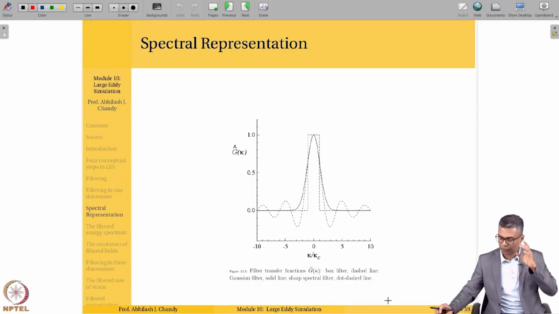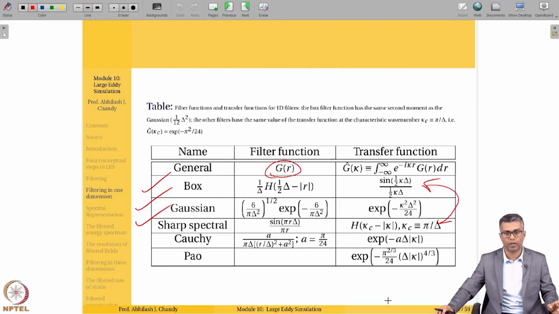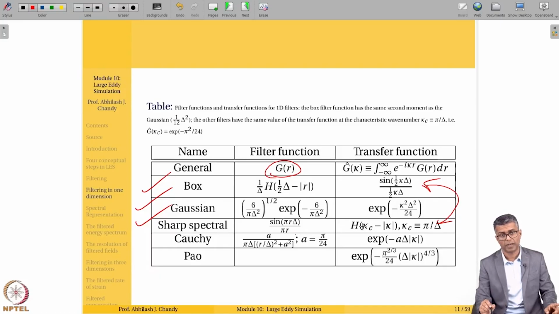Now if you remember from the table that I had shown earlier, the box filter is a Heaviside function in physical space, and it's a sinusoidal function in spectral space. The sharp spectral filter is a sinusoidal function in physical space and a Heaviside function in spectral space. So it got flipped. And you have the Gaussian function, which is exponential in both physical and spectral space.